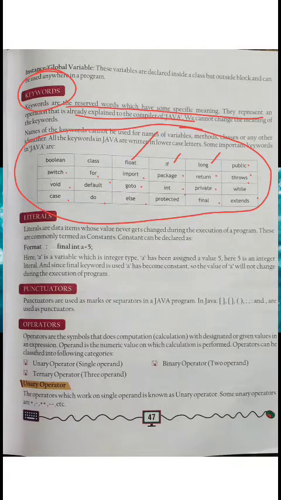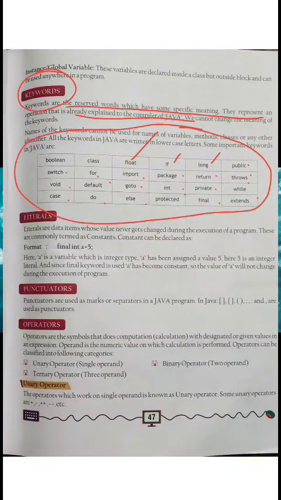All the keywords have their specific meanings. It means that all the keywords have their unique meaning and their meanings are predefined, or explained earlier in the compiler of Java. Hope that these keywords are clear, and we mostly use keywords for programming.